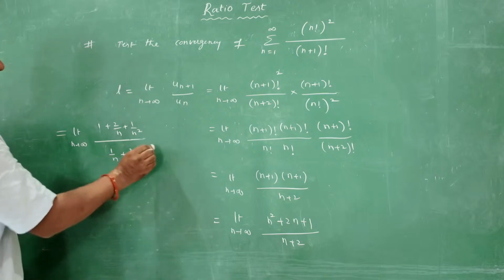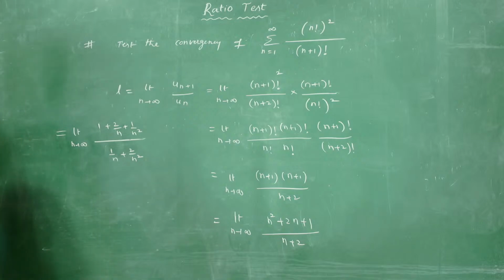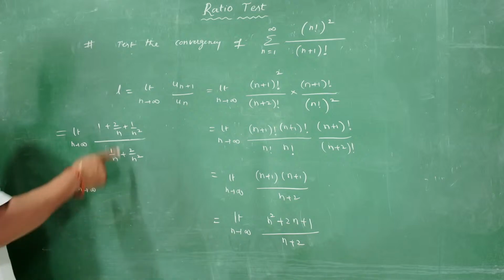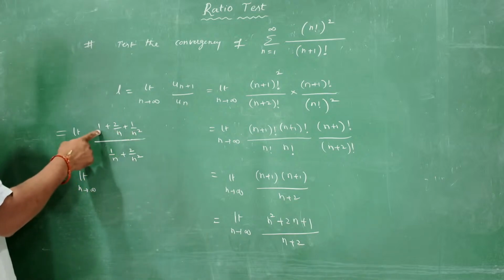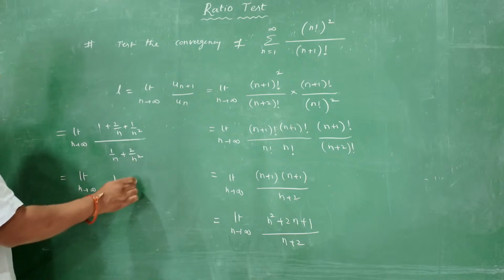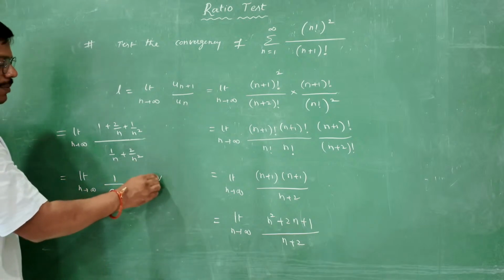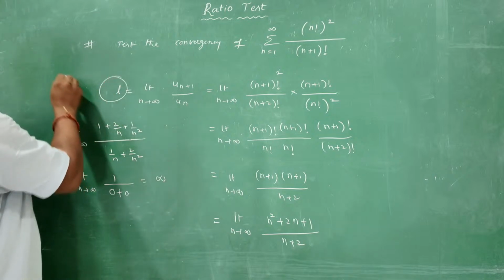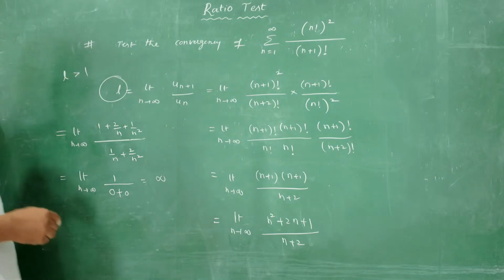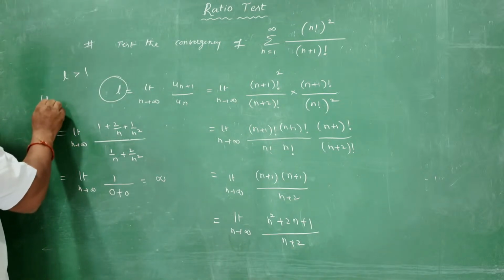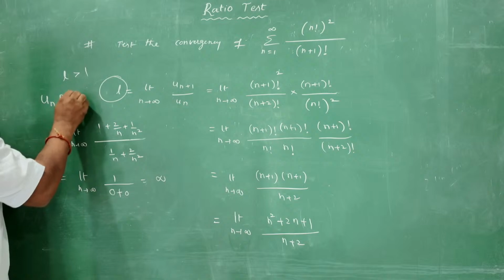And then 2 by n square. As n tends to infinity, what happens? This is 0 and this is 0 and here it is 1. So numerator 1. But in the denominator part, what happens? So 1 by 0, nothing but it approaches to infinite. So large number. Therefore, the value of L more than 1. When the limit value is more than 1, then it diverges. So un diverges.